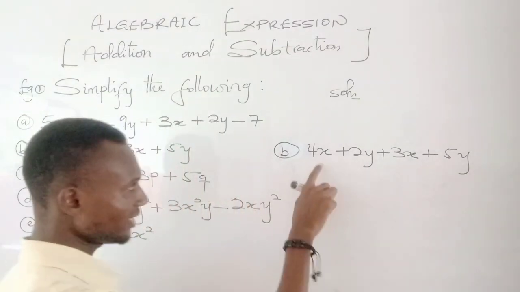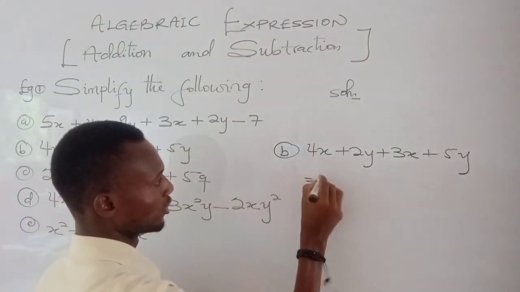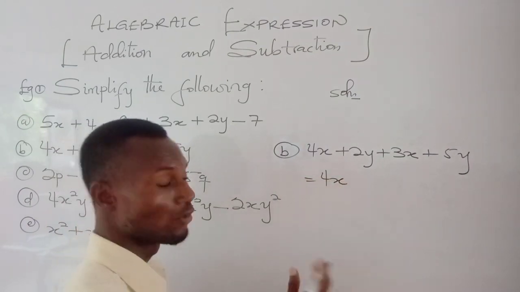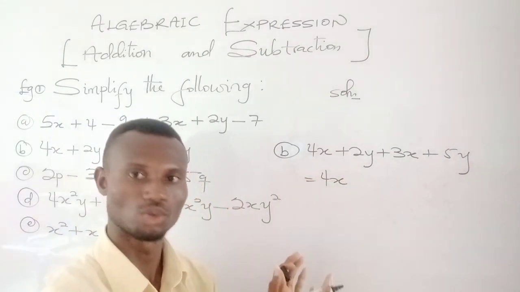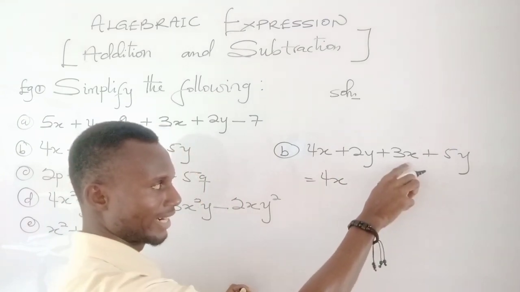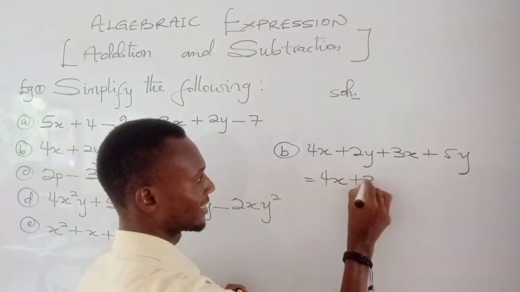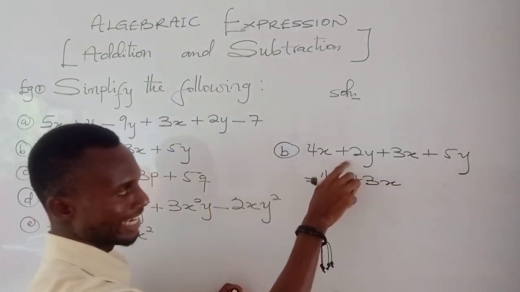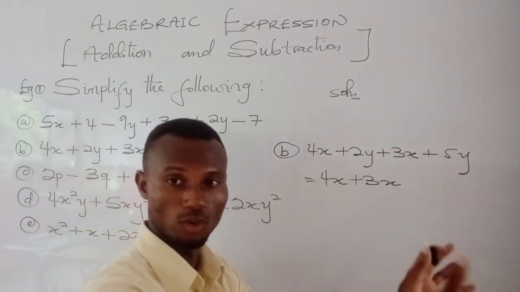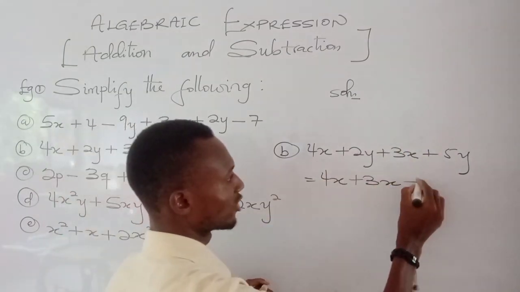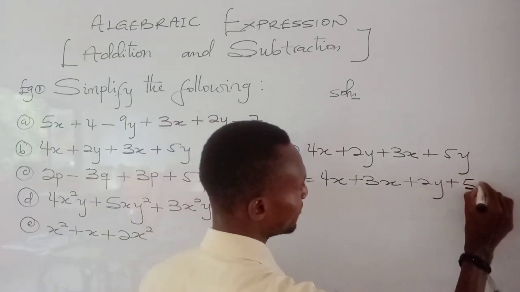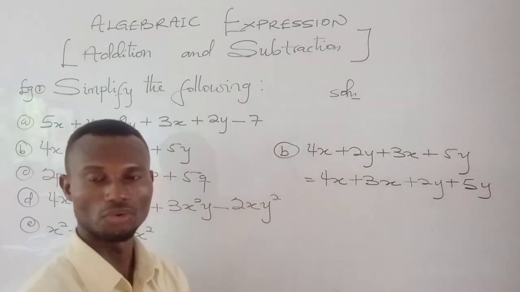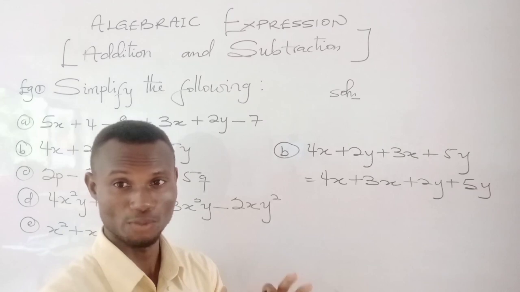Starting with this 4s, I'll look for the one which also has s in it, which is the positive 3s, which is here. So plus 3s. Then we group the y also. So starting with this plus 2y, then I'll join it with the plus 5y. I hope you understand up to this point.